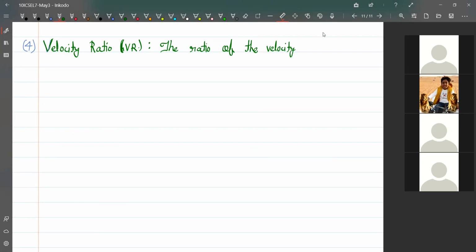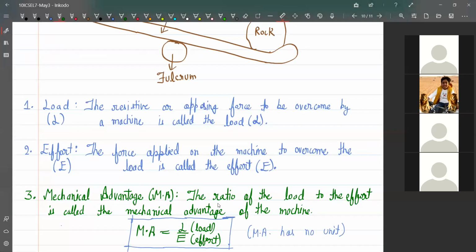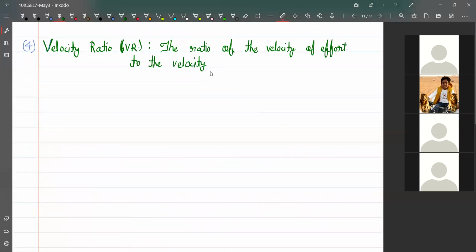So here it is reversed. Earlier it was load upon effort. Here it is velocity of effort upon velocity of load. The ratio of the velocity of the effort to the velocity of the load is called the velocity ratio of the machine.